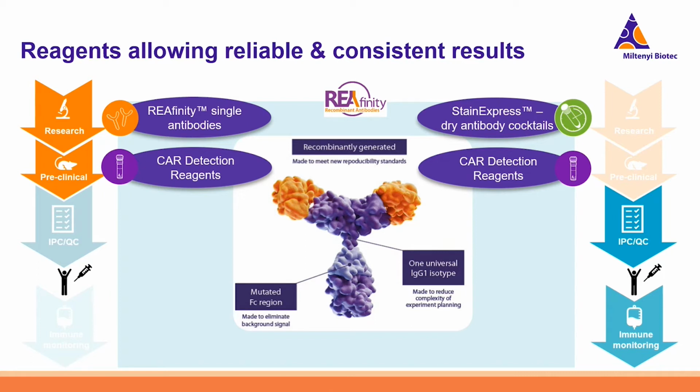And for the research and preclinical phases, we would highly recommend our REAffinity single antibodies because they give you full flexibility in your panel design, and you can combine them with your CAR detection reagent. For your clinical phase, we would highly recommend our StainExpress dry antibody cocktails and also our CAR detection reagents.